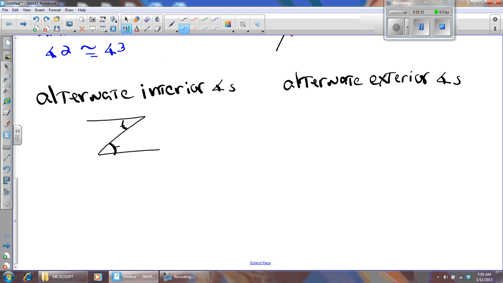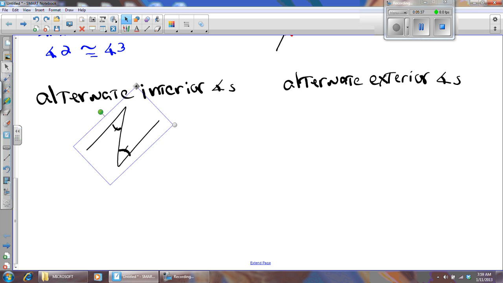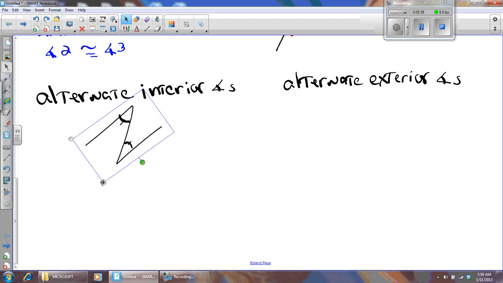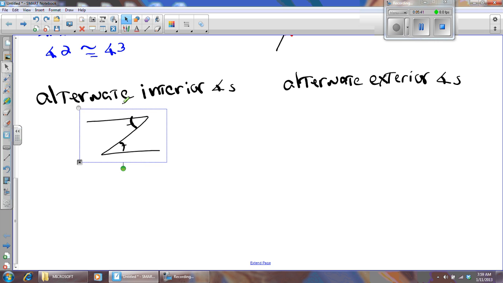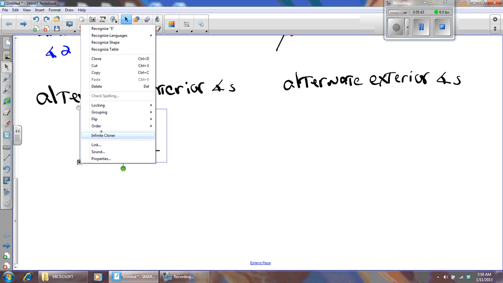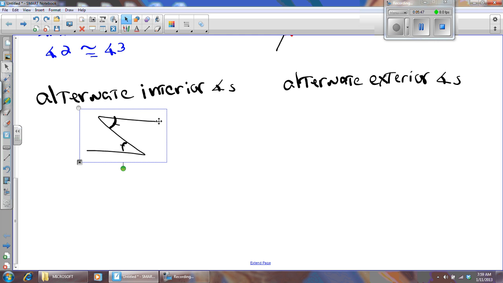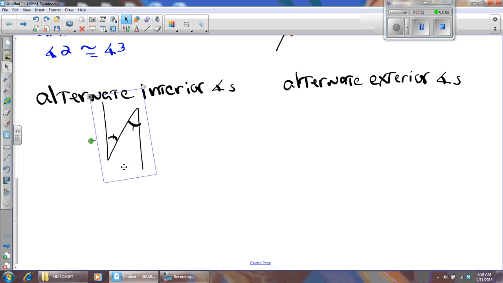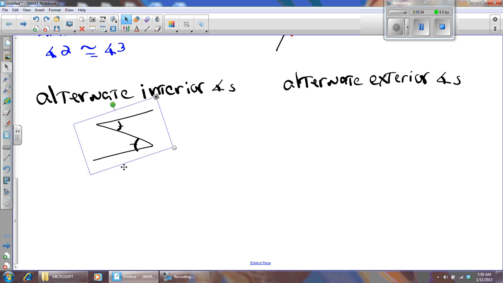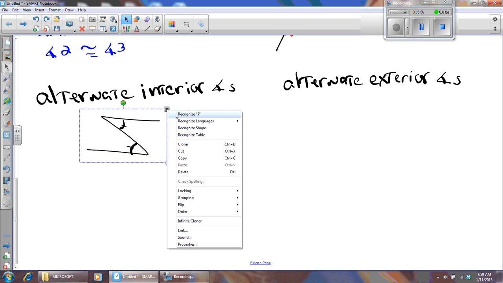Now, again, just like the other ones, the Z can be oriented lots of different ways. It could look like an N. It could look like, hey, that looks like a Z. It could look like this. Boom, backwards Z, right? It could be backwards N. It doesn't matter as long as you have a Z.